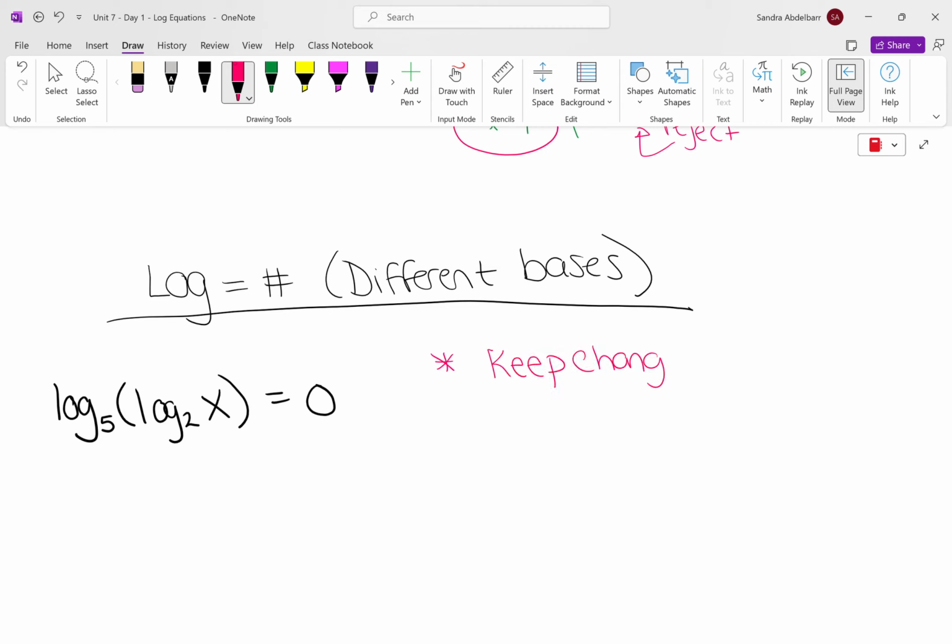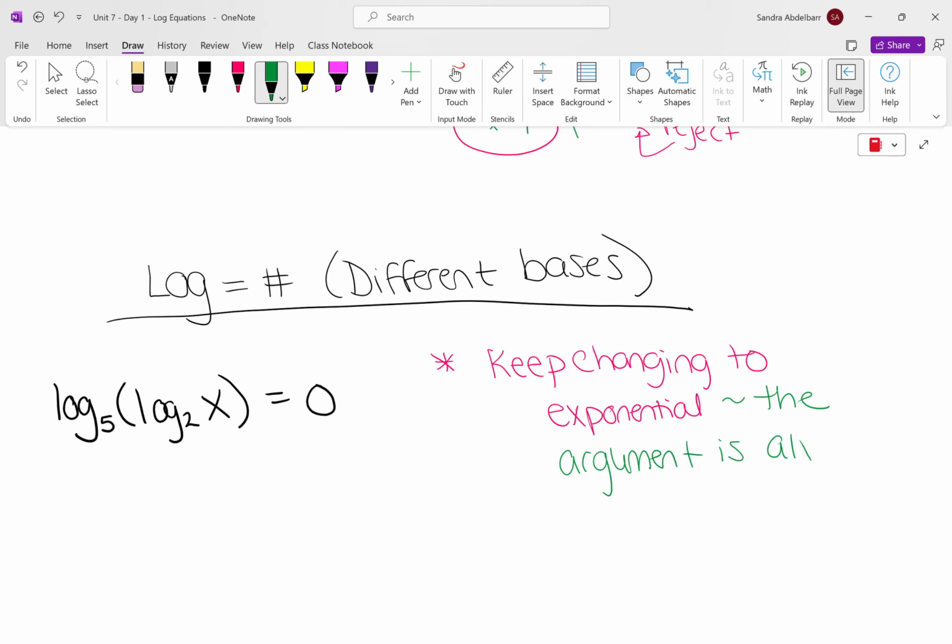So all we're going to do is keep changing to exponential. And then I'm going to say the argument is always what's in the parentheses.